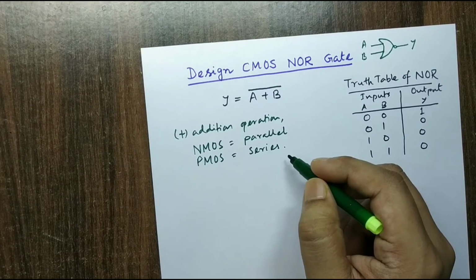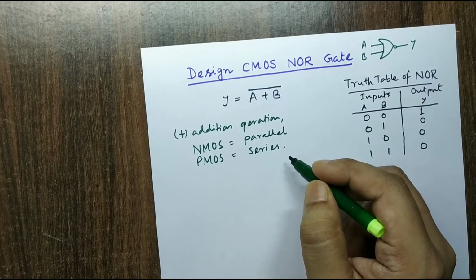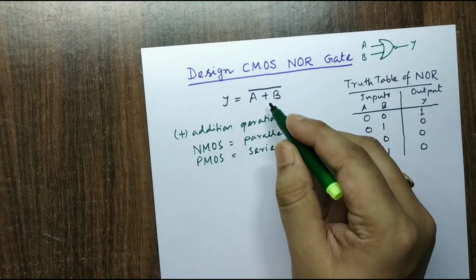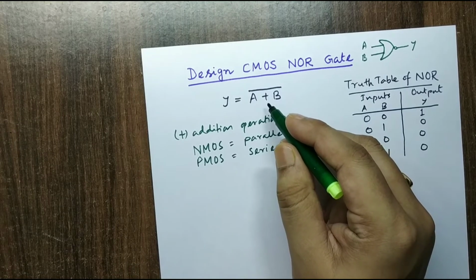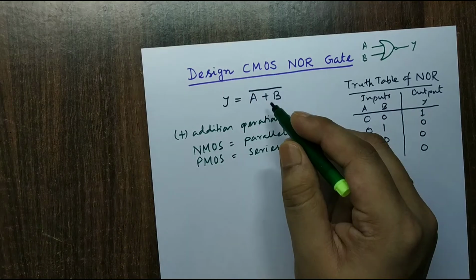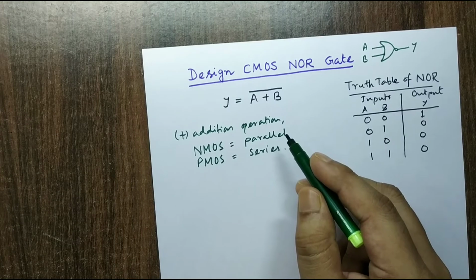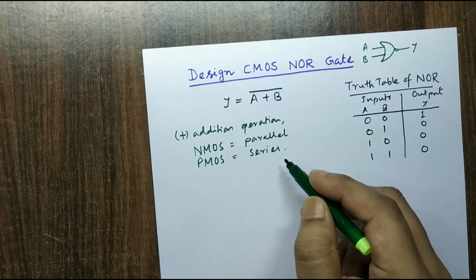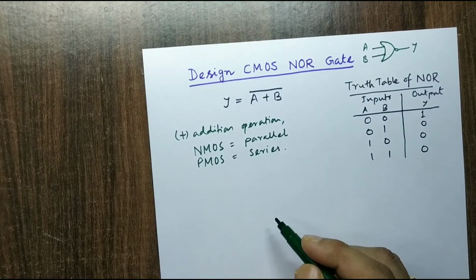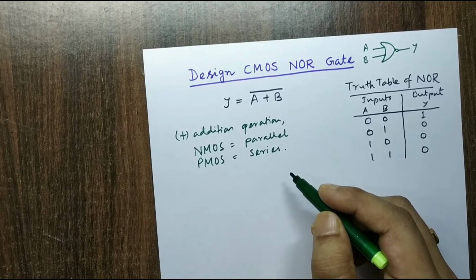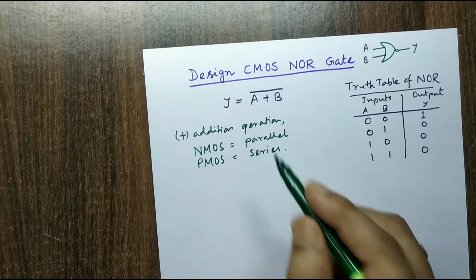Similarly, in my last video I showed you the CMOS NAND gate. That was an AND operation, a dot operation. For a dot operation, always remember the NMOSes are connected in series and the PMOSes in parallel. In this video we will not discuss the AND operation, we will discuss the OR operation, that is plus operation, addition.